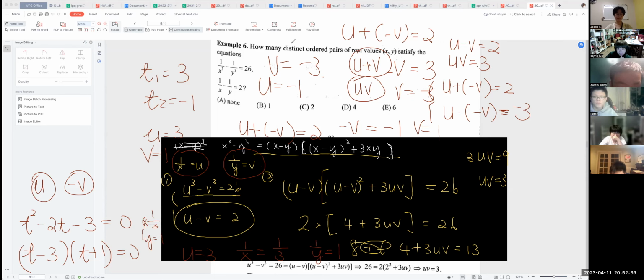Okay, and another set is when u equals -1 and v equals -3. So 1 over x equals -1, so x equals -1. 1 over y equals -3, so y equals -1 over 3. So we have another set of the answer, x equals -1 and y equals -1 over 3. So altogether there are 2 sets of numbers. So the answer is 2.